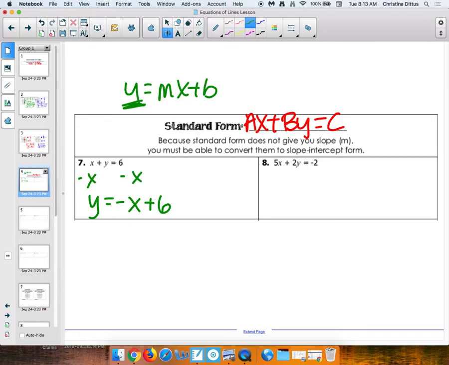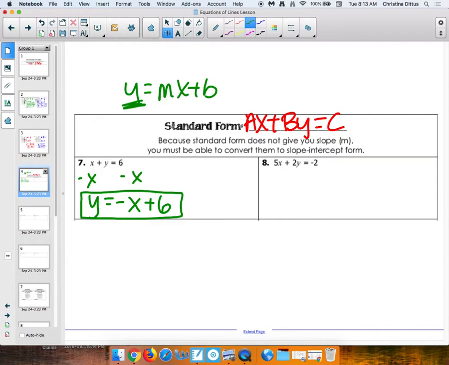That is all we're doing, just converting these into our slope-intercept form. From here, I can tell what the slope is. Slope is -1, and my intercept is +6. Questions on 7?